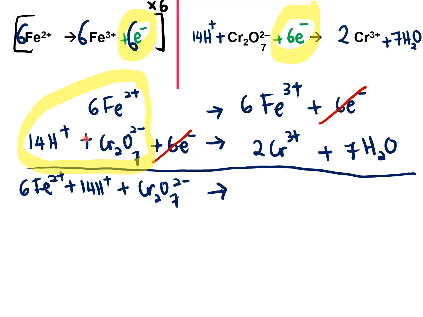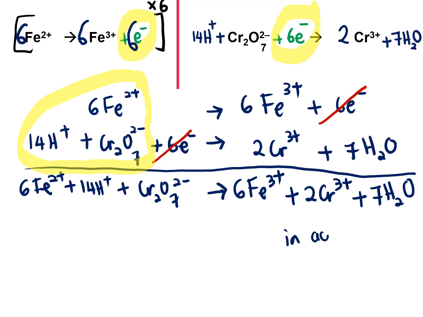So, itu untuk left side as the reactant. While on the right side kita ada 6 mole of Fe3+ plus 2 mole of Cr3+ plus 7H2O.